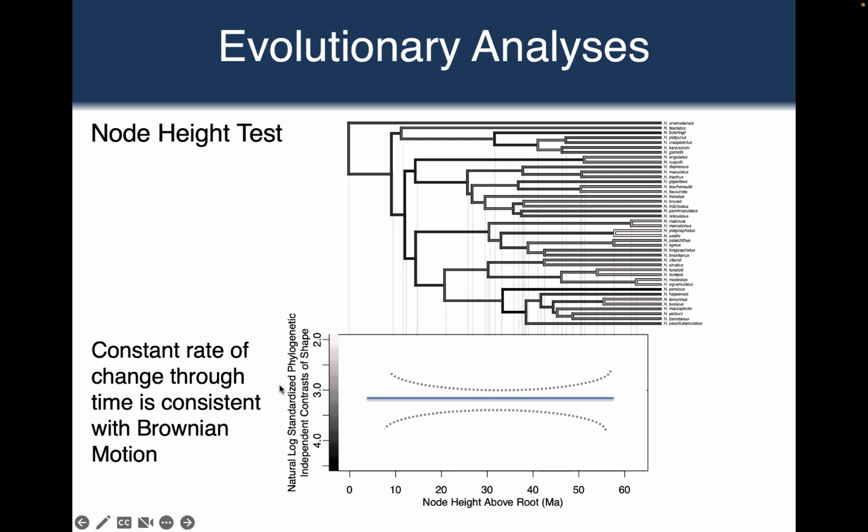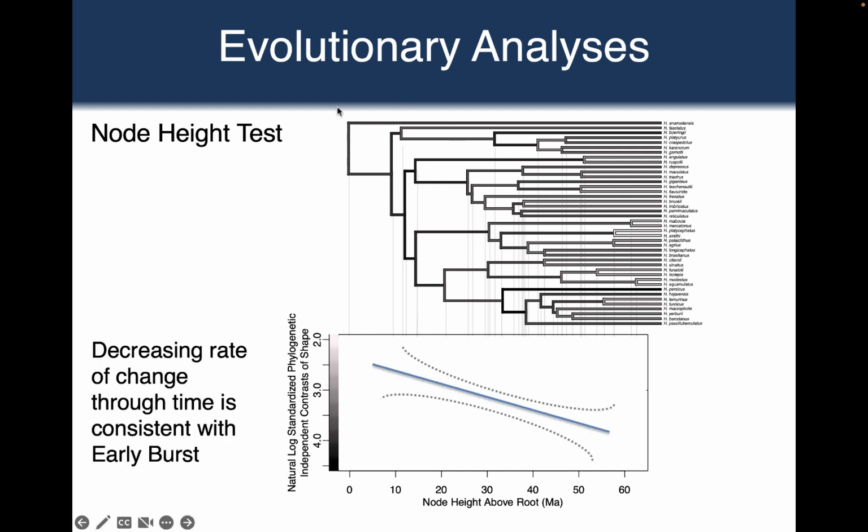Hypothesis-wise, if your standardized independent contrasts are relatively constant through time, the same in nodes that are earlier in the tree versus later in the tree, that suggests your rate of evolution has been constant through time, which is consistent with Brownian motion.